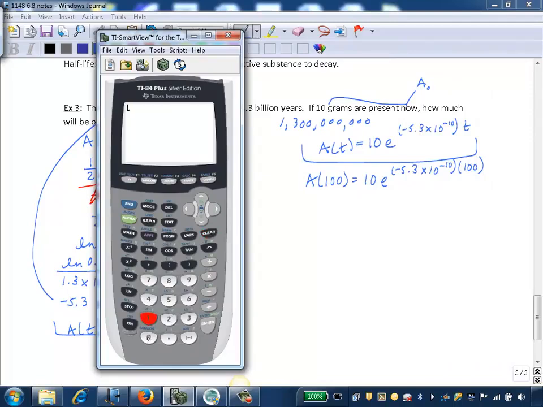So we'll type in 10 times e to the power of, now here we want our negative 5.3. We'll use our EE for our scientific notation, so that's times 10 to the power of negative 10. And then we need to multiply this by 100, so that entire exponent is enclosed in parentheses.